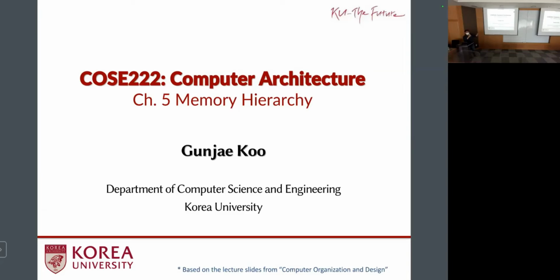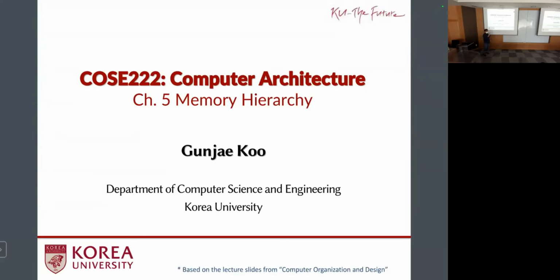I showed that the ideal CPI of the Cortex-A53 is about 0.5, but because of pipeline stalls, the actual performance of this ARM processor is about 2x slower than the ideal. And if we consider just the delays by the memory system, the performance is degraded very much.